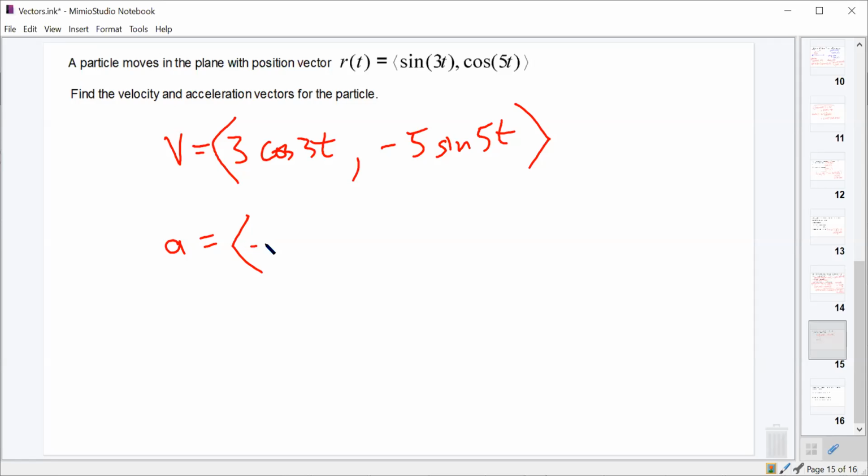Should be negative 9 sine 3t. And negative 25 cosine 5t. Easy enough? Easy. All right, last one we're going to do today.